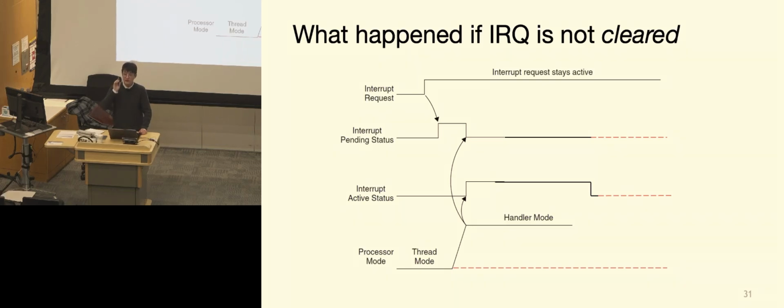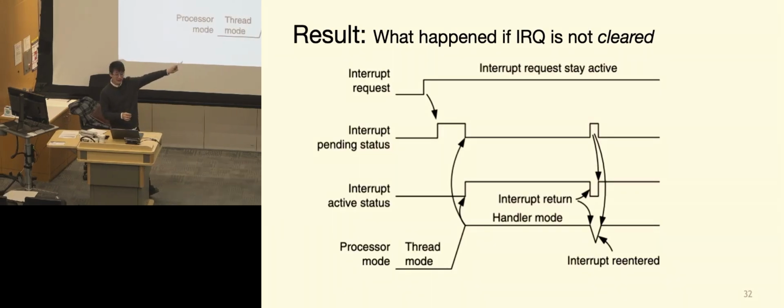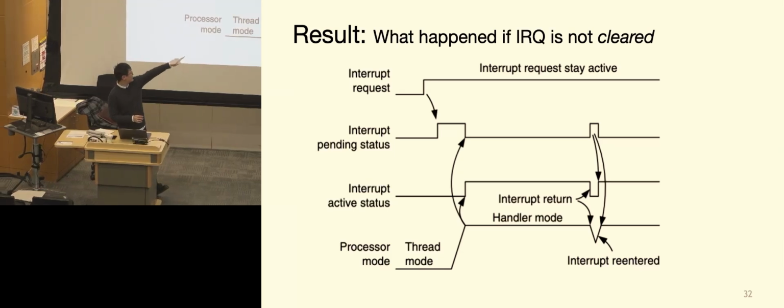That is correct. And the previous one, you're also correct. The pending state was not triggered. Okay, I will just give you the answer. It might be a little bit harder too. So exactly, it will go right back to the handler mode, because at the end of that, it checks the ISR signal to see if it's still active. You will see a little bump on the pending, but you're very right, that was not caused by the interrupt request.